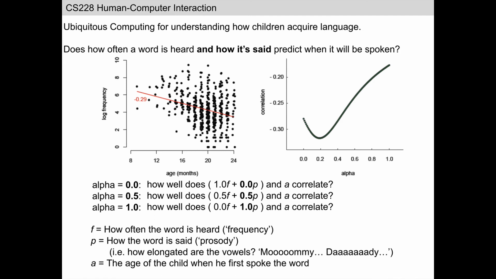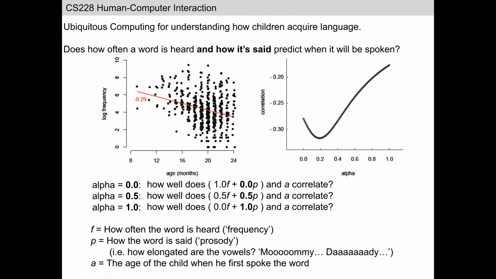We still have the time that word was spoken, so that'll give me a second plot where now I have F plus P on the vertical axis, and I could then fit a new line in that second plot and ask, does that line represent a stronger correlation, if we're using F and P to predict when a word was spoken, than the relatively weak correlation we got when we used only F? So far, so good?